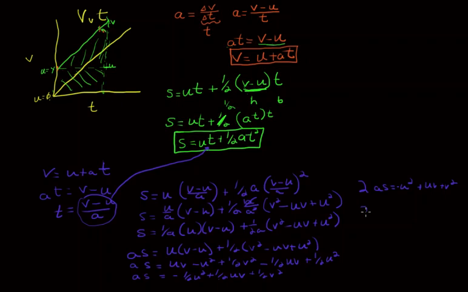All right, so what I actually get, if I rearrange this to v squared plus uv minus u squared, I will get v squared minus u squared. Yes. Okay. Now then, with this, I can rearrange this, and it gives me v squared equals u squared plus 2as. Just move this over to that side, and there is our third kinematic equation.